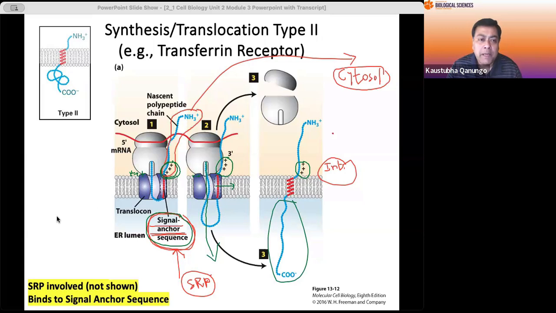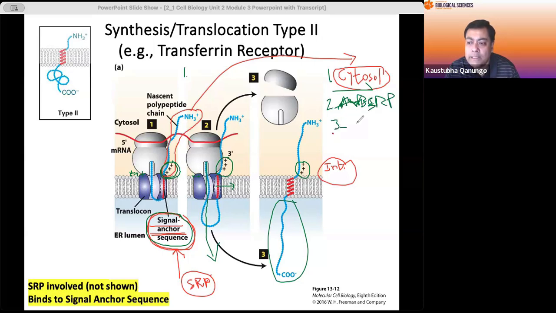Again, repeating, what are the important things here? Number one, the first part with these plus sequences is synthesized in the cytosol. Number two, the signal anchor sequence binds to the SRP, and only at that time is the ribosome brought onto the translocon. The signal anchor sequence brings the SRP, so remember that, SRP.